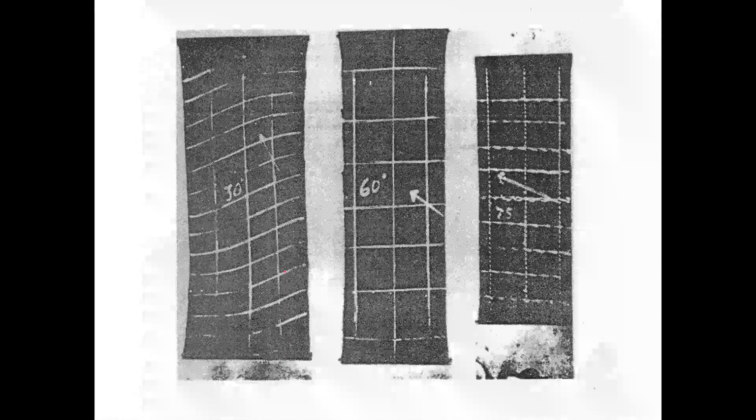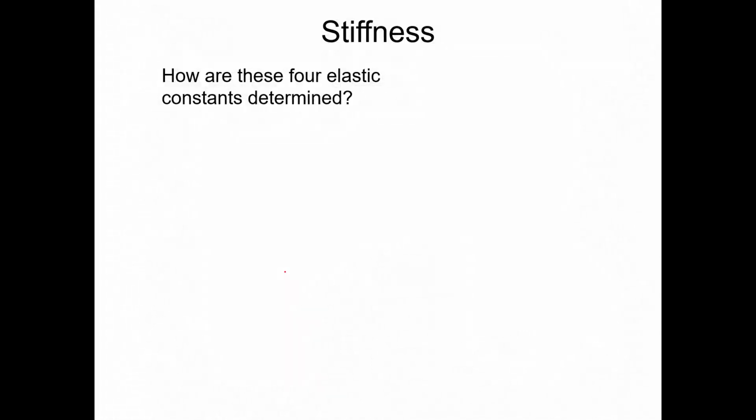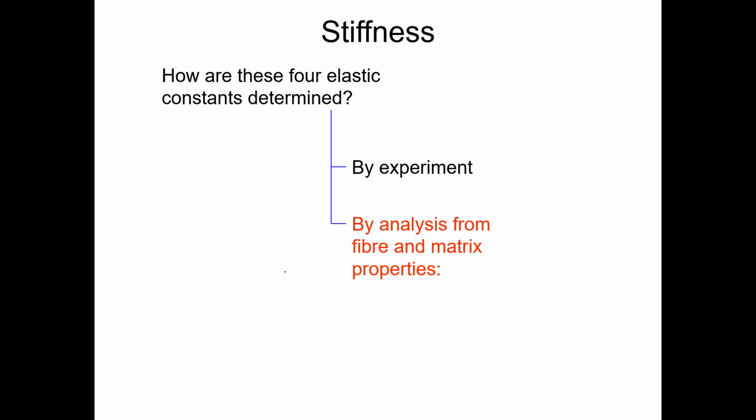I think that's all we have. We may have some other things you want to answer. For example, how are these four elastic constants determined? You can determine them by experiment. You can also determine them by analysis from the fiber and matrix properties, which is the knowledge from our Part 2, Macromechanics.